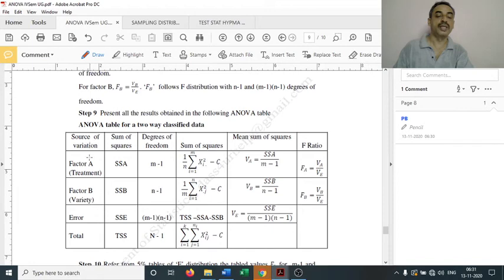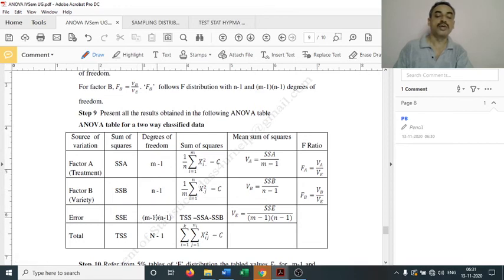As before, we have the titles here, the source of variation and their abbreviations, and here the degrees of freedom. Here also we first enter m minus 1, then n minus 1, then capital N minus 1. Now from capital N minus 1, we have to subtract n minus 1 and m minus 1 to write the degrees of freedom corresponding to the error factor.